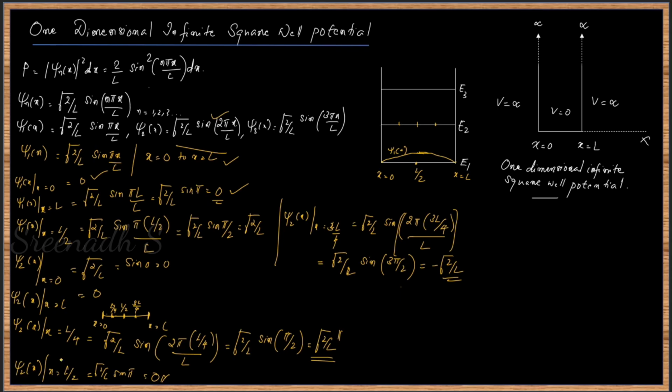Similarly, at 3L by 4 it has minus square root of 2 by L. So the graph will come like this.